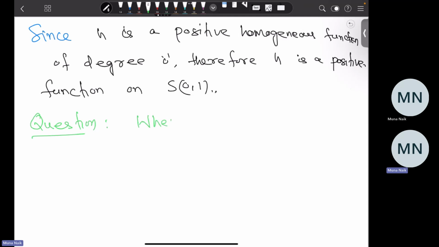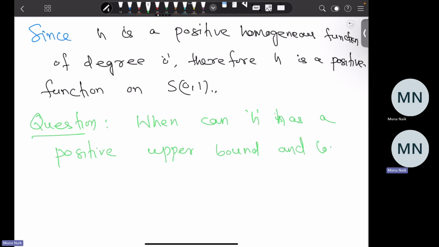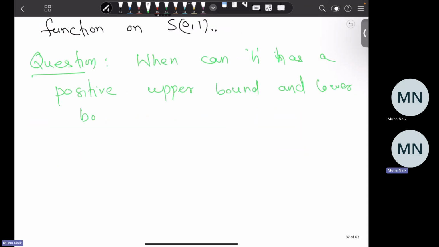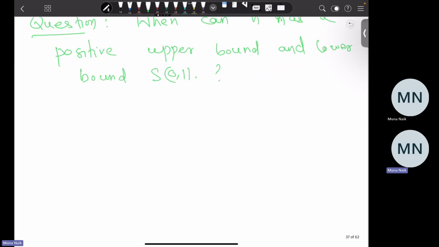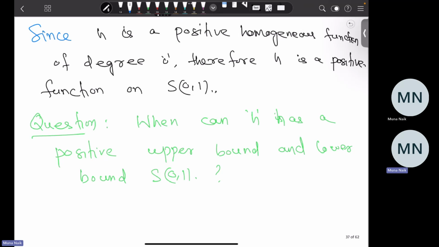When H is positive, when can H have a positive upper bound and lower bound on S01? So if I can show that H has a positive upper bound and lower bound on S01, then I am done, right?